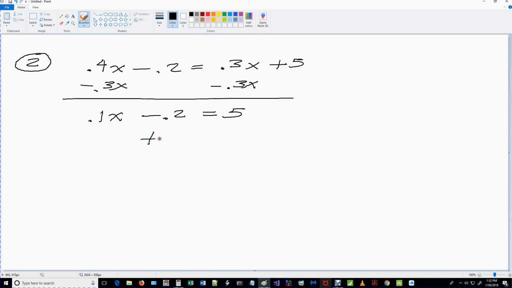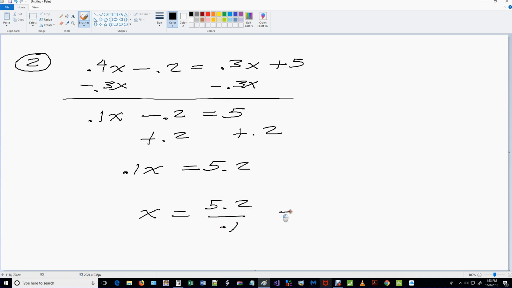You add 0.2 to both sides, you get 0.1x on the left, and the 0.2 cancels. On the right hand side you got 5 plus 0.2, that's 5.2. Now we divide by 0.1, so x is 5.2 divided by 0.1, and that gives you 52. Alright, so that's the second problem.